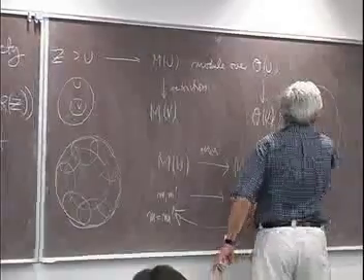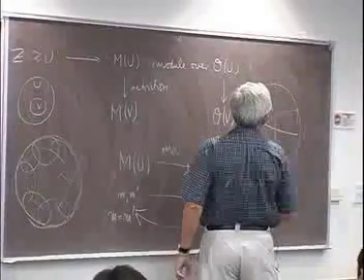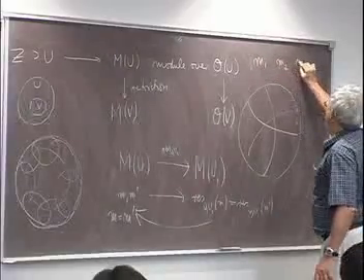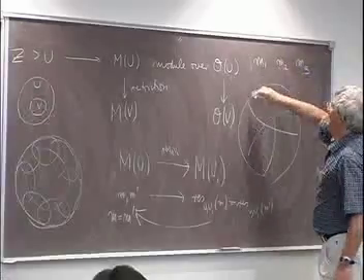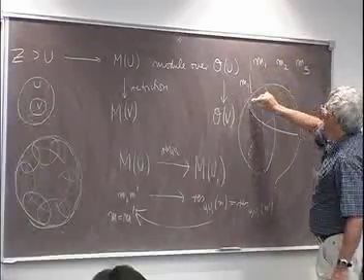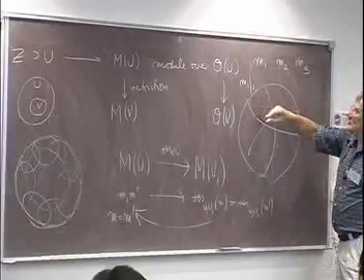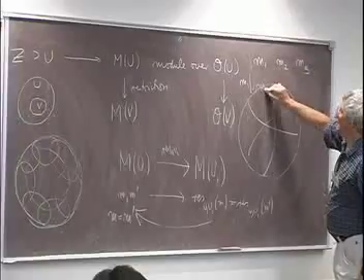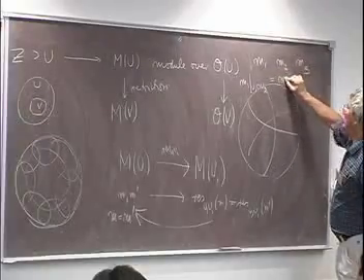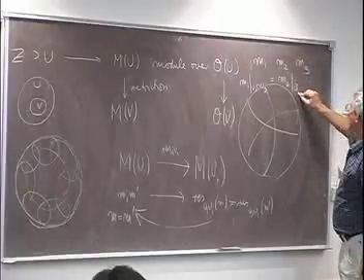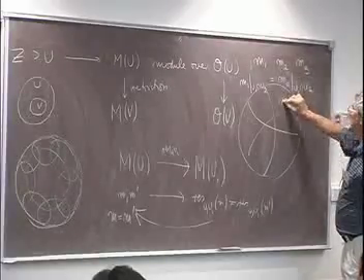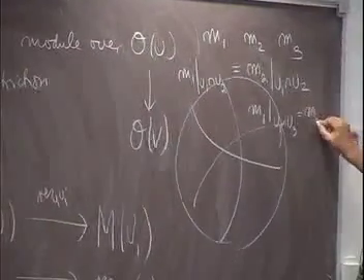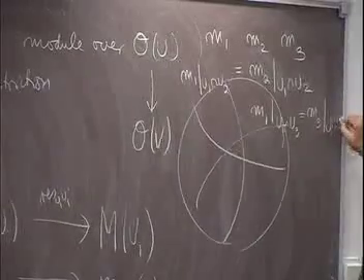I have, say, three pieces, and I have sections m1, m2, and m3 such that when I restrict m1 to U1 intersected with U2, this is equal to the restriction of m2 to U1 intersected with U2, and the restriction of m1 to U1 intersected with U3 is the same as that of m3.